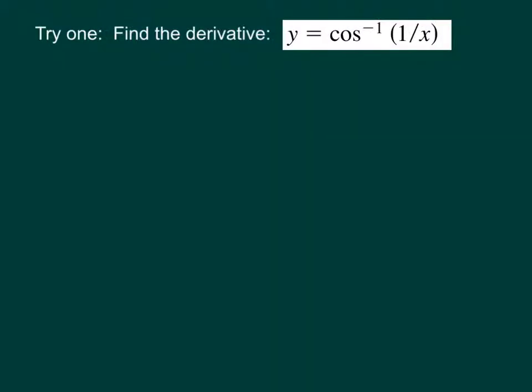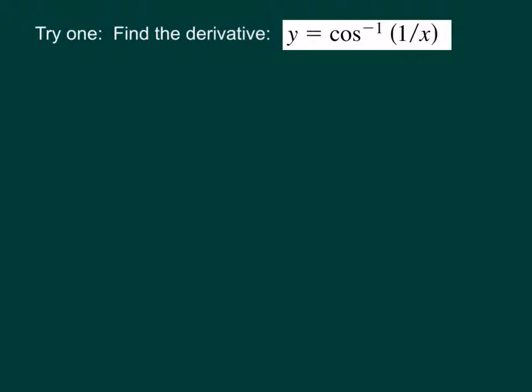Alright, the best way to do this is just to dive right in and give these a shot. So I want you to hit pause, go back and see if you can use the identities to figure out what the derivative of the inverse cosine of 1 over x would be equal to. Go ahead and hit pause.